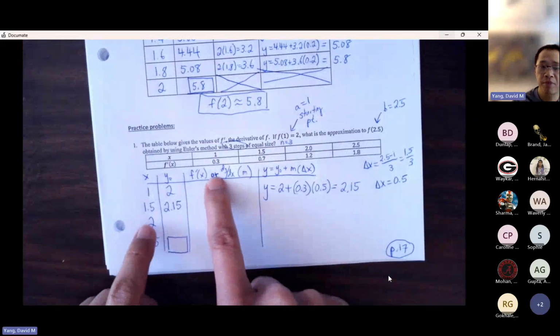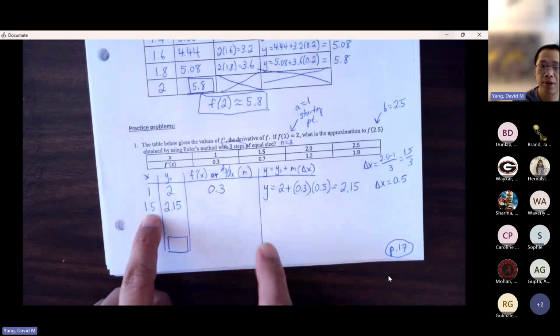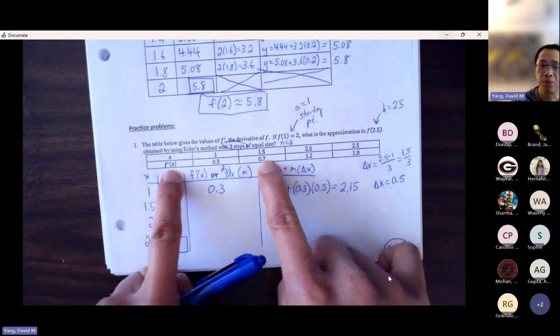Okay, next up, we're trying to find f prime at this location. So f prime at 1.5 is equal to 0.7.